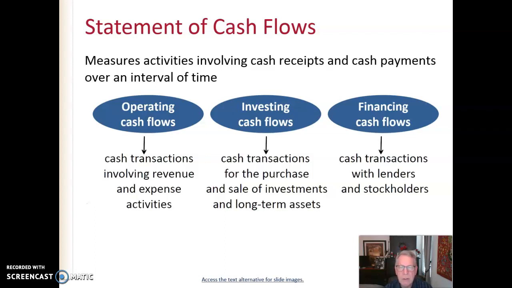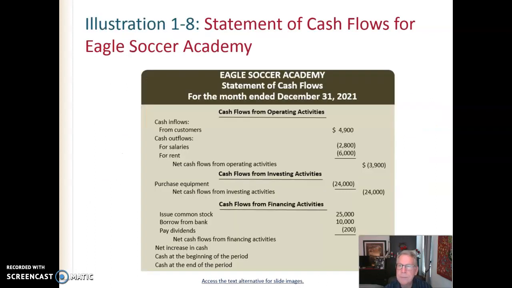Investing activities are going to include generally the sale and purchase of long-term assets, like land and building and equipment. Whereas our financing activities, we're going to borrow money from the bank, pay the bank loans back, pay some dividends, sell some stock, that kind of thing.